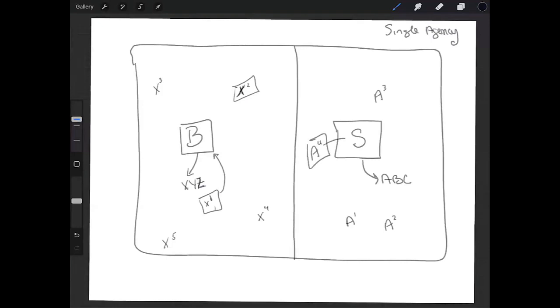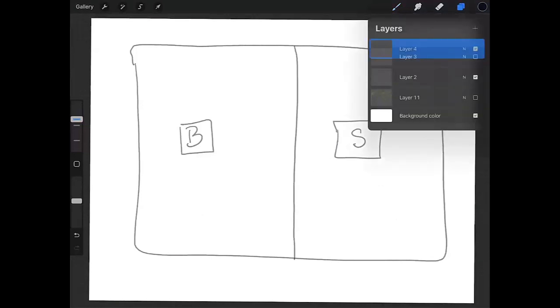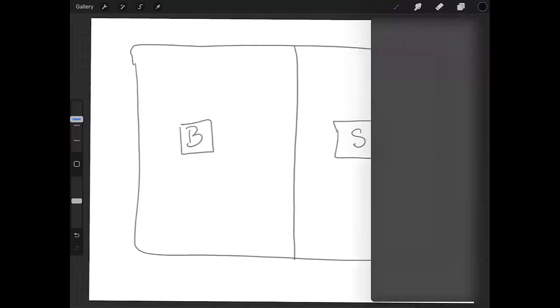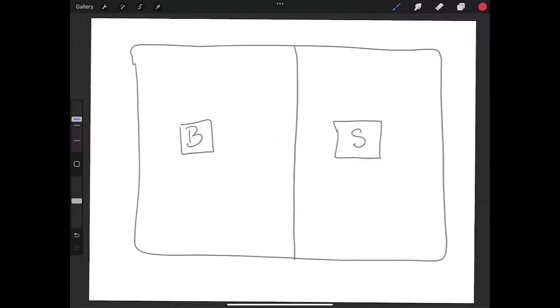Maybe A4 is the one talking to the seller, but that would be single agency because it's clear ABC is only working for the seller, and the buyer is XYZ. It's very clear whose team you're on. Great. Well, we could have dual agency. And that means both of them have hired ABC.